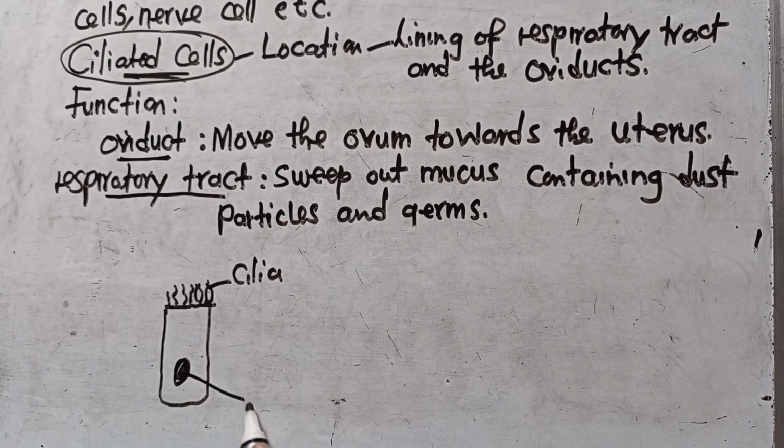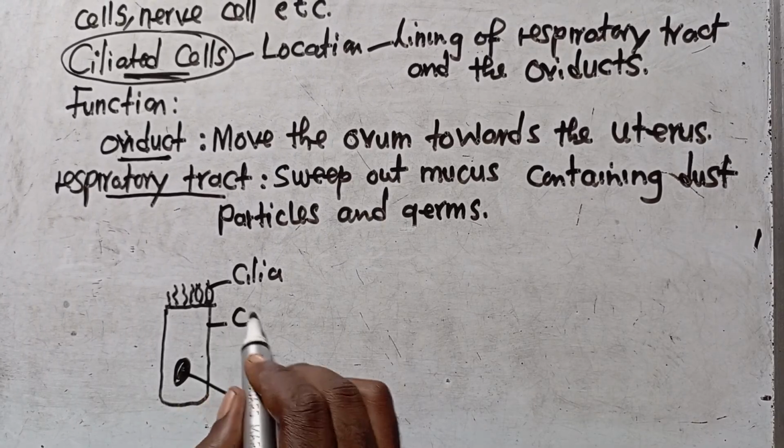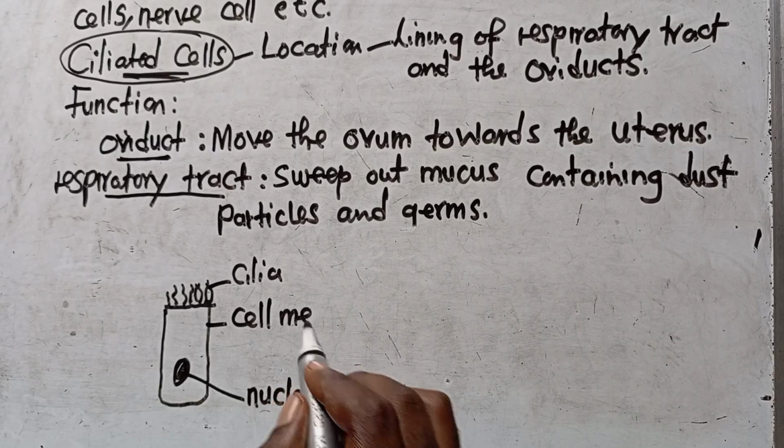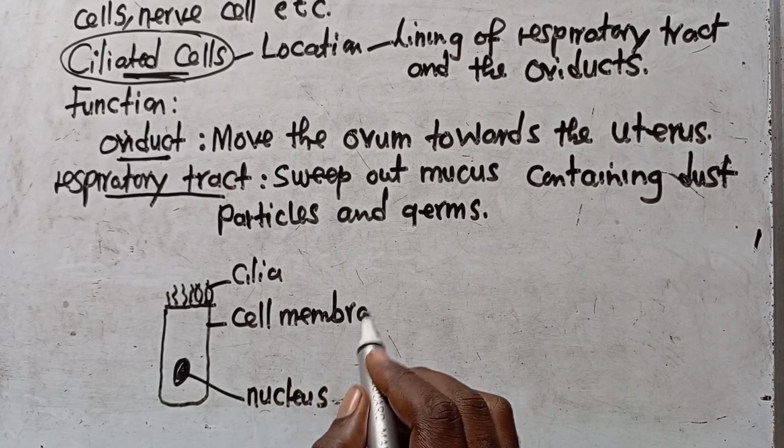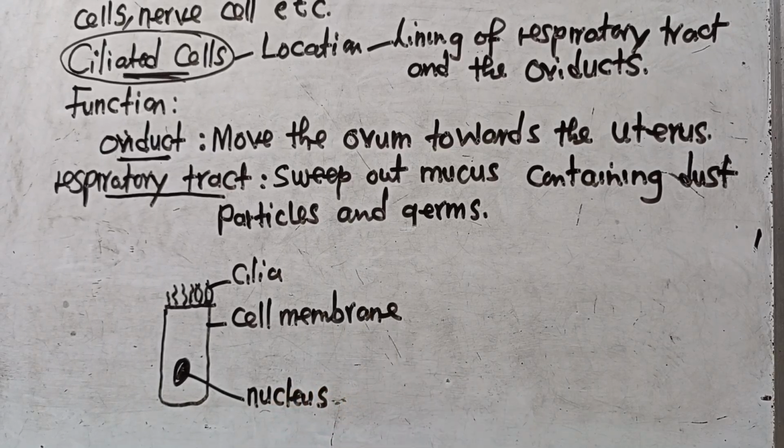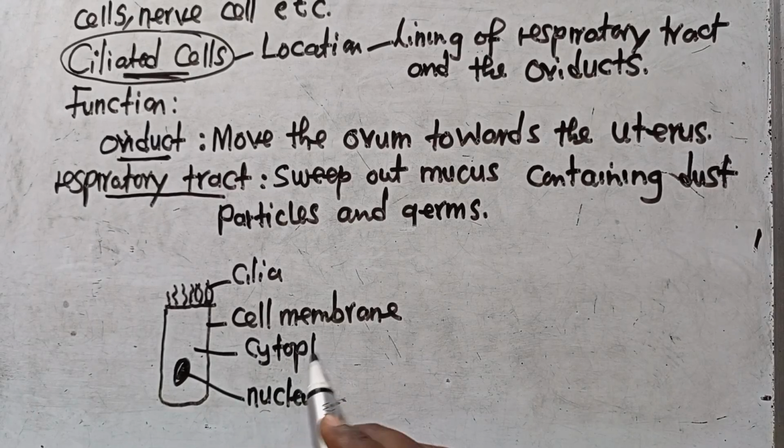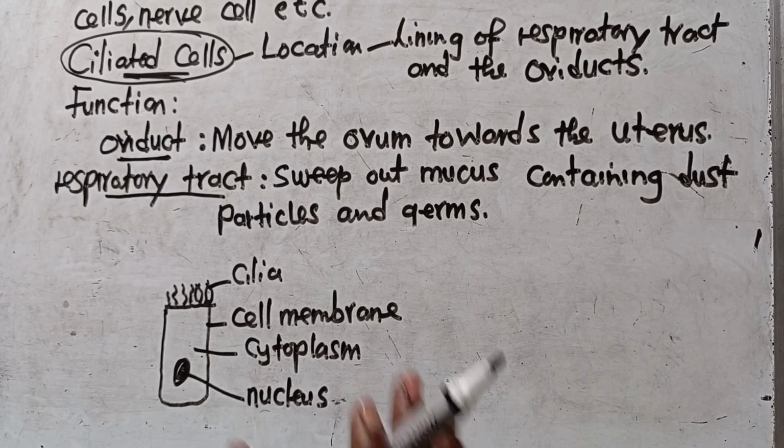We've got a cell membrane, and we also have a cytoplasm there. This is what you are supposed to know and understand. So we can write that even as we get to advance.